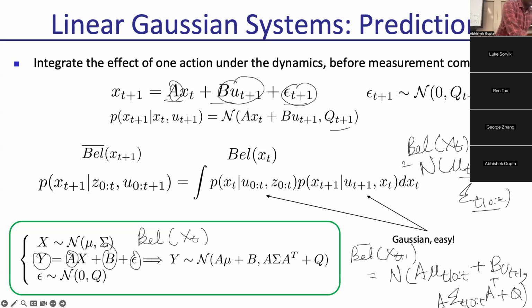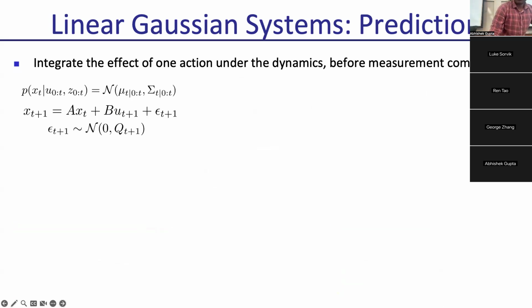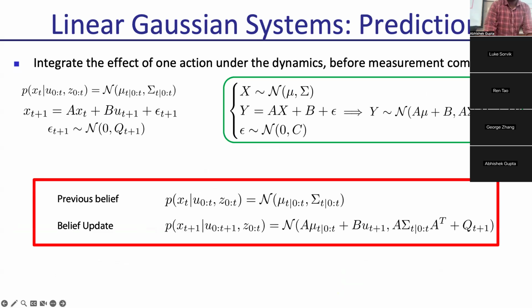We're basically just saying, we'll probably have this typeset on the next slide, that if your previous belief was a Gaussian with mean mu t 0 to t and variance sigma t 0 to t, your belief bar is just going to be a linear function of these. It's going to be linear, A mu plus B u, and the variance is going to be quadratically scaled, plus you add Q. So it's exactly using the identity.